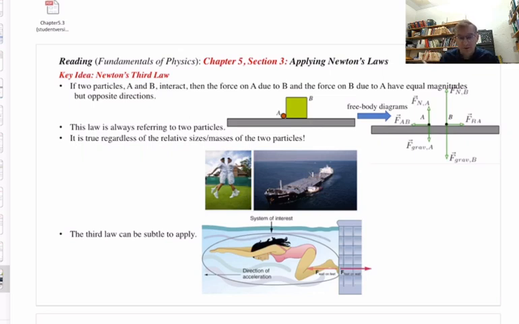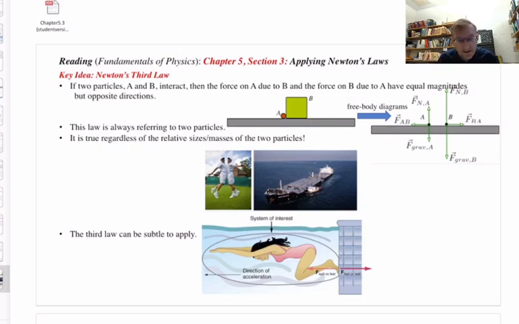The trite version of Newton's third law of motion, which I suspect you all have heard, is for every action there is an equal and opposite reaction. Heads up, if I ever ask you to state Newton's third law, do not say what I just said. I don't like it because it's trite and commonly used in society without understanding.